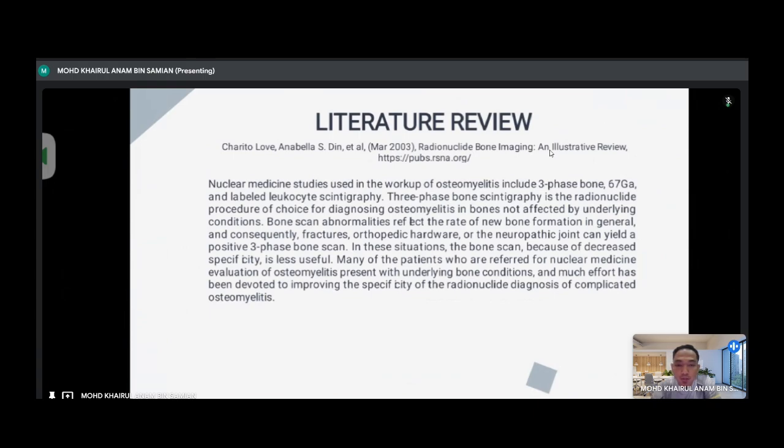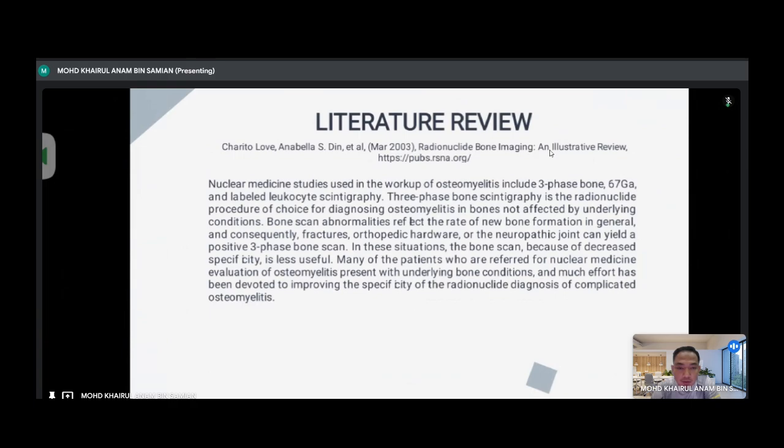Bone scan abnormalities reflect the rate of new bone formation in general and consequently fractures. Orthopedic hardware or the neuropathic joint can yield a positive three-phase bone scan. In these situations, the bone scan, because of decreased specificity, is less useful.